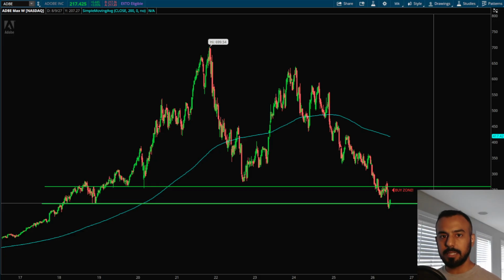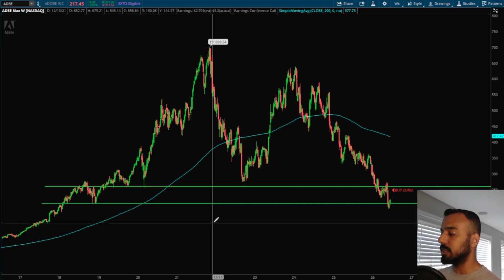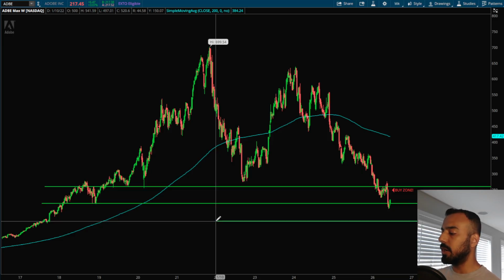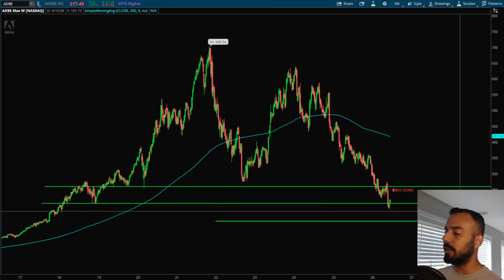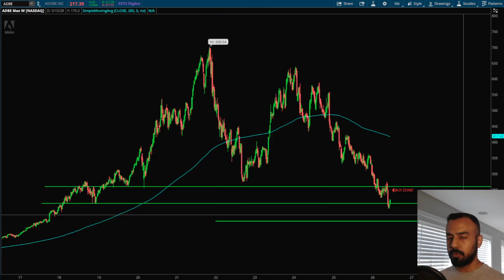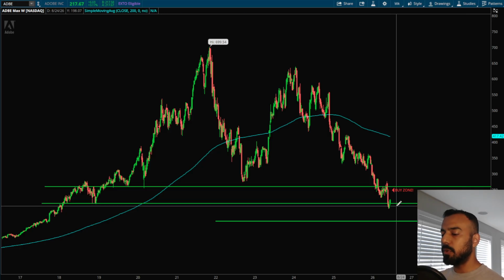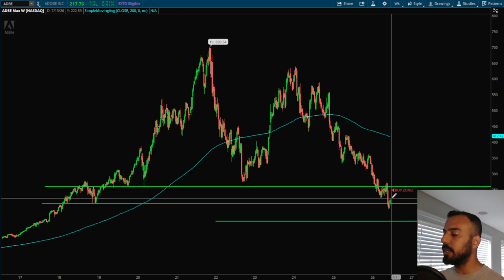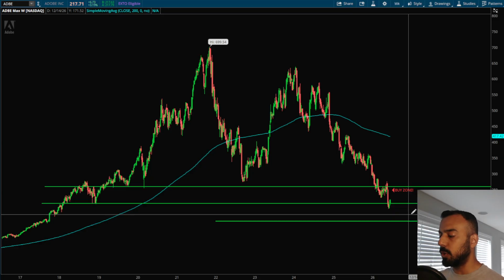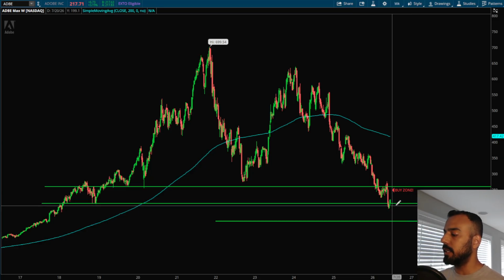If we do not see them overcoming their guidance, if we do not see the company continuing its growth, we might flush another leg lower. And I do see a scenario where we could hit around 150 to 175 area, but that is only if fundamentals deteriorate. As of now, for me, technically, this is it. I do not see a reason to go further lower than this, which is why I went in and purchased the stock at this area.